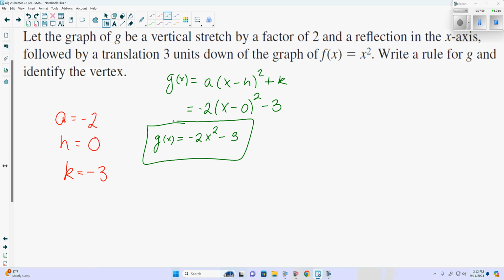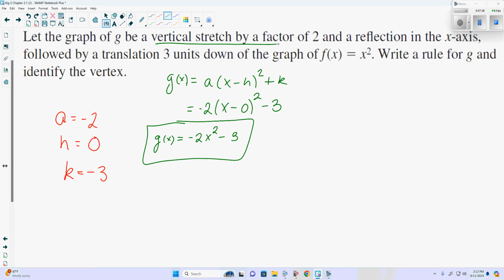Now, it works just fine, but the only issue I have with this is that this way works if we apply the vertical stretch or shrink before our vertical translation up or down. We apply the reflections before the translation up and down. So both vertical stretch and shrink and reflections in the x have to go first before up, down.